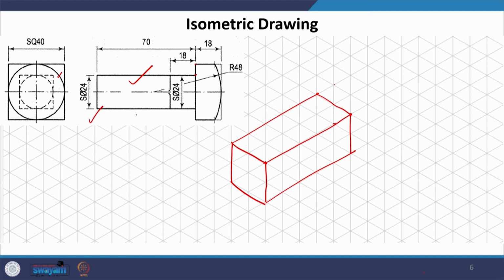So, you have to identify, say, the base of it, and then make the circle here. So, we do it again the same way.